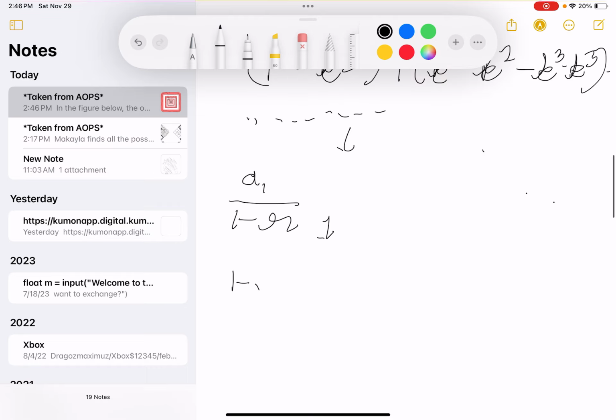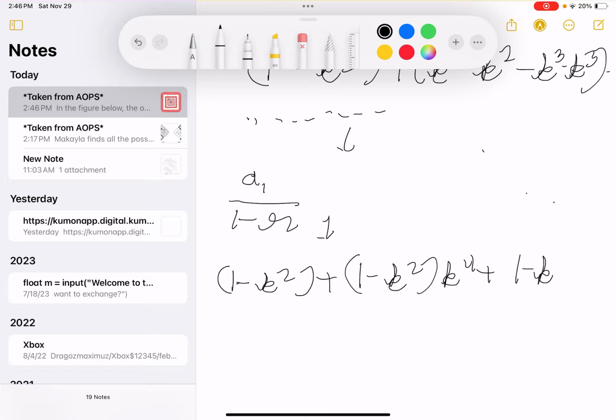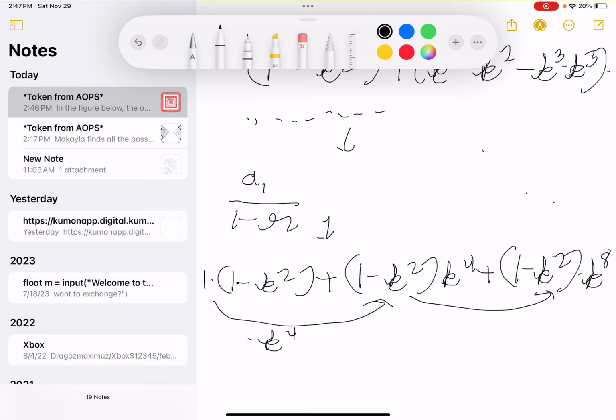So we have 1 minus k squared, plus 1 minus k squared times k to the fourth, then 1 minus k squared times k to the eighth. When you examine the sequence, each term is the previous one times k to the fourth, and the next one will be times k to the fourth, and so on.